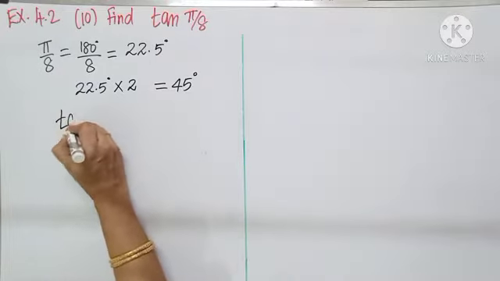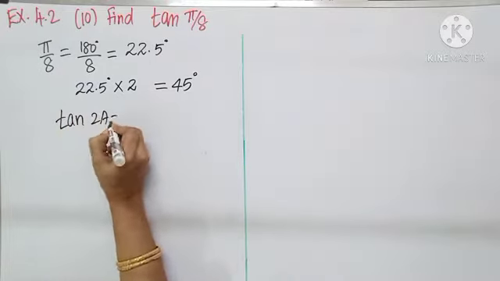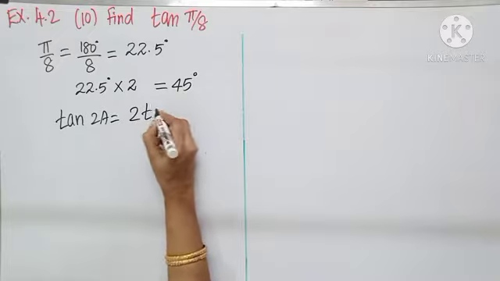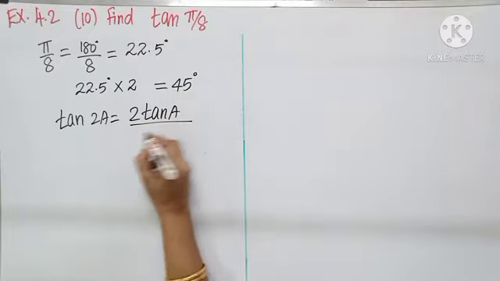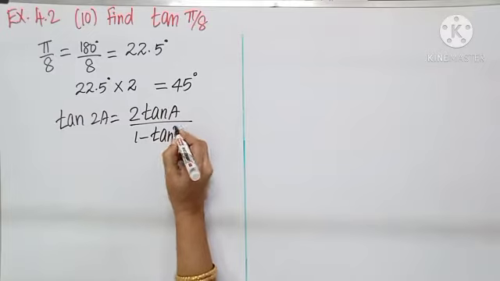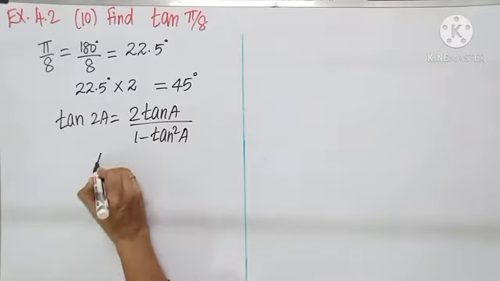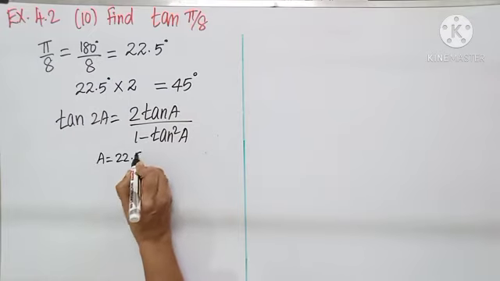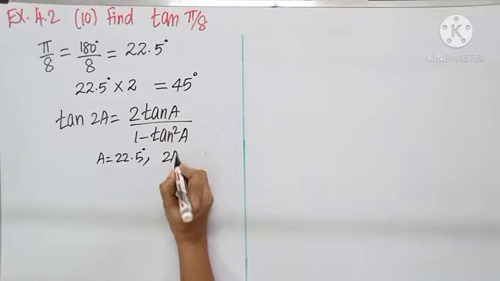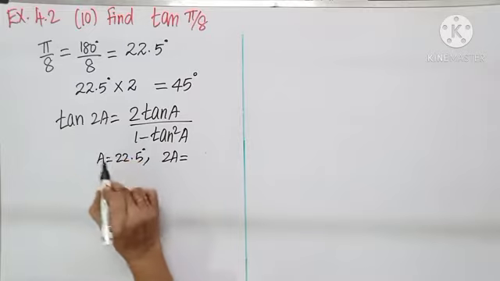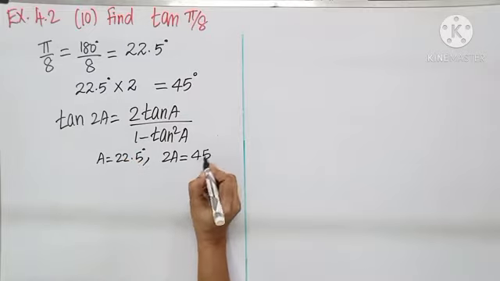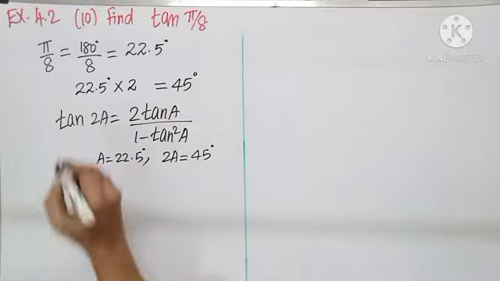So the question is tan. Let me remember the tan 2A formula. What is tan 2A? 2 tan A by 1 minus tan squared A. In the place of A, I can put 22.5. In the place of 2A, 2 into 22.5, I can put 45. Substitute.